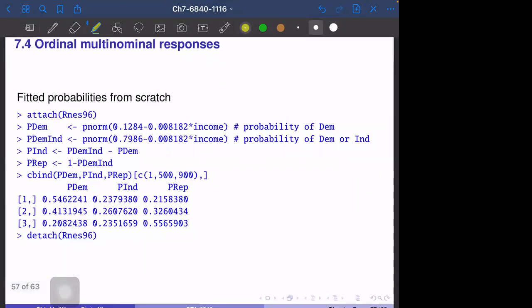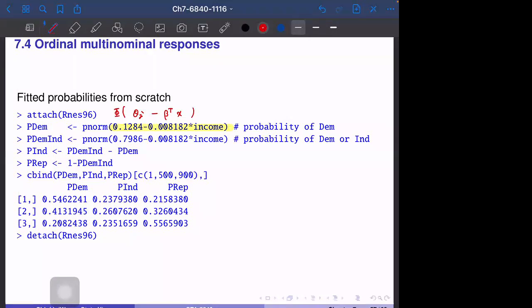We estimated the probability, but of course we can calculate this from scratch. This is our theta j minus beta transpose x. If we apply phi, then we can calculate the estimated probability.